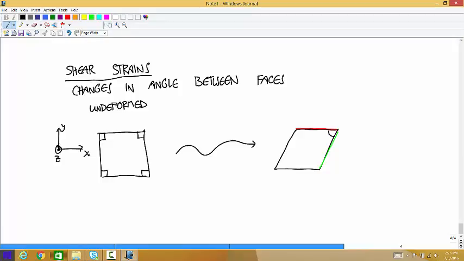They make a new angle of, since we're talking about the x and y faces, this is theta xy. Then the shear strain, gamma xy, is equal to pi over 2 minus theta xy.